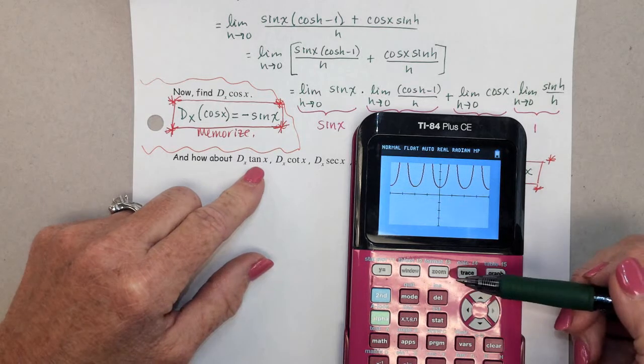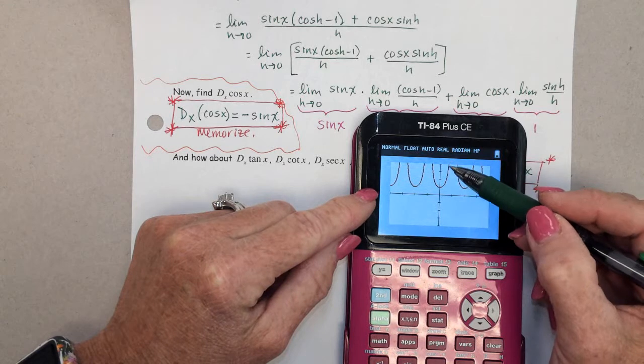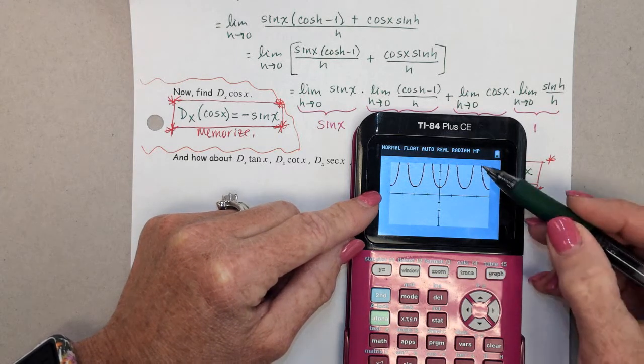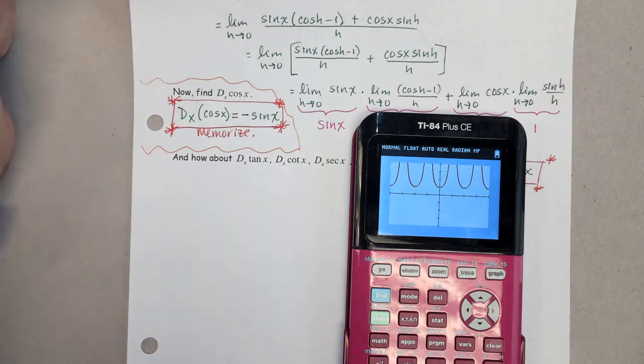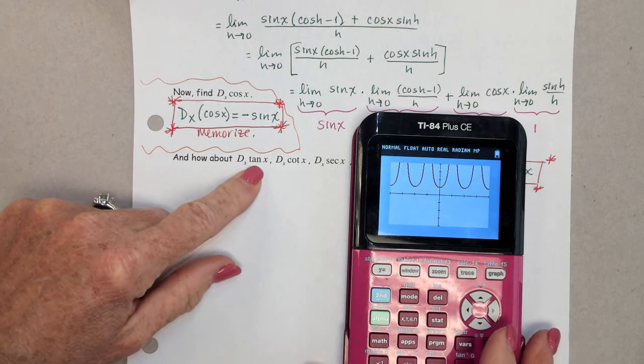Looks like it might be a secant, but remember from last year, secant had one of these U shapes going up and one of them going down, and up. They were alternating. This has got everything going up, and it's really not like an absolute value of secant or anything like that. It's a variation. So we're back to having to do some work here to figure out this derivative.